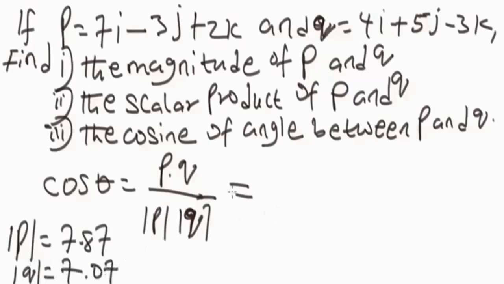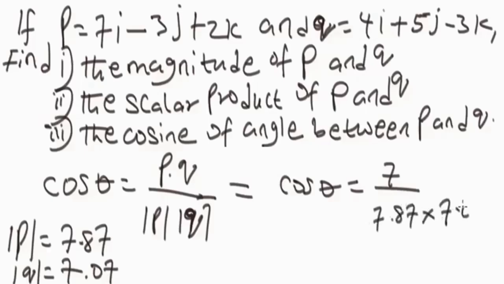When you substitute the values, cos theta is 7 over 7.87 times 7.07. When you simplify this, my calculator gives me 0.125 in 3 decimal places.